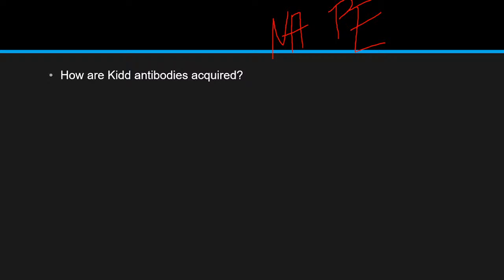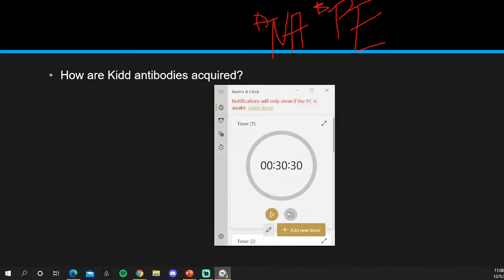How are Kidd antibodies acquired? Is it A, naturally occurring, or B, requires prior exposure?